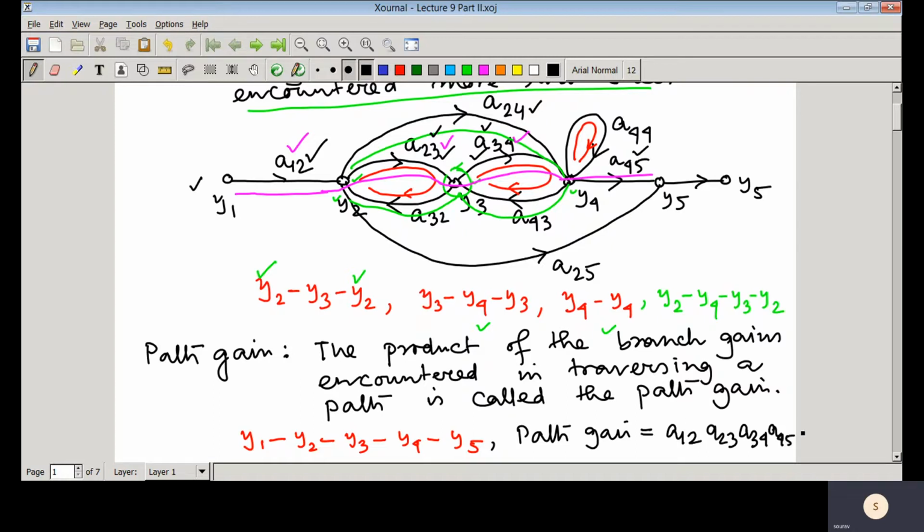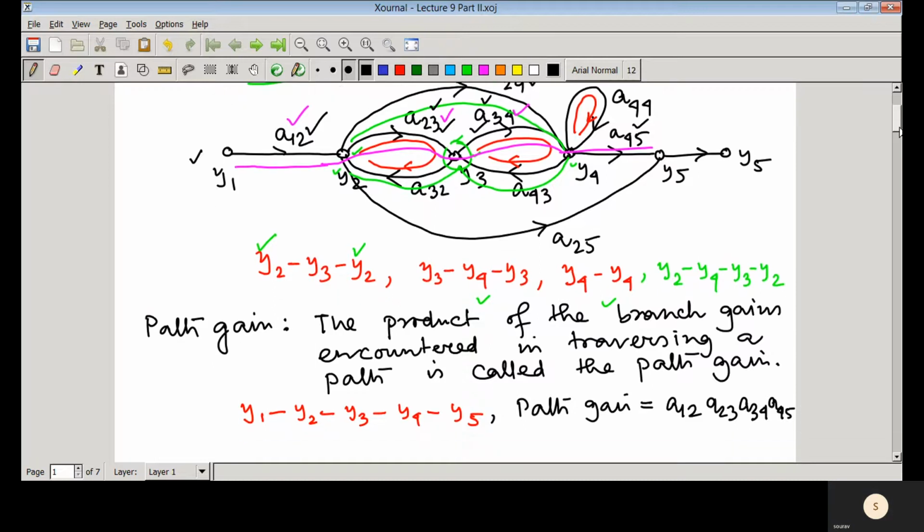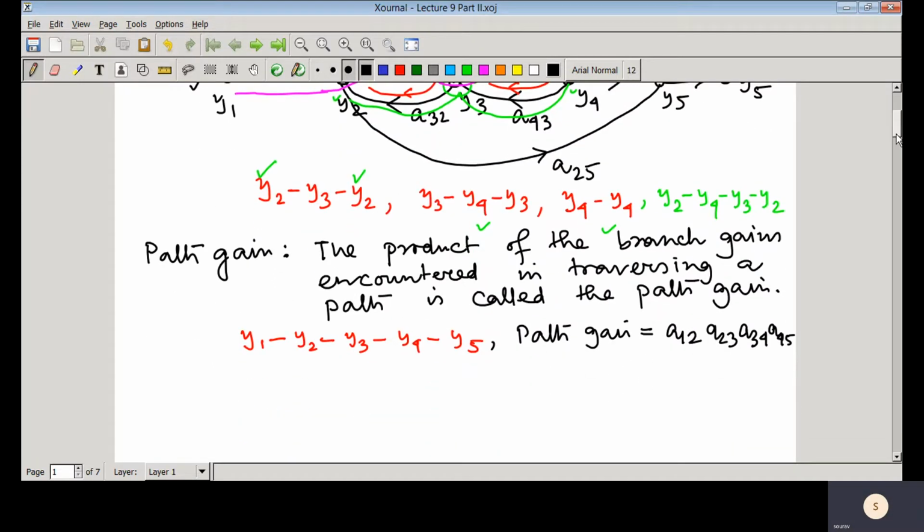So the product of the branch gains encountered in traversing a path is called the path gain. Whenever you have a signal flow graph, first identify the path and then take the product of the branch gains, and it gives you the path gain.